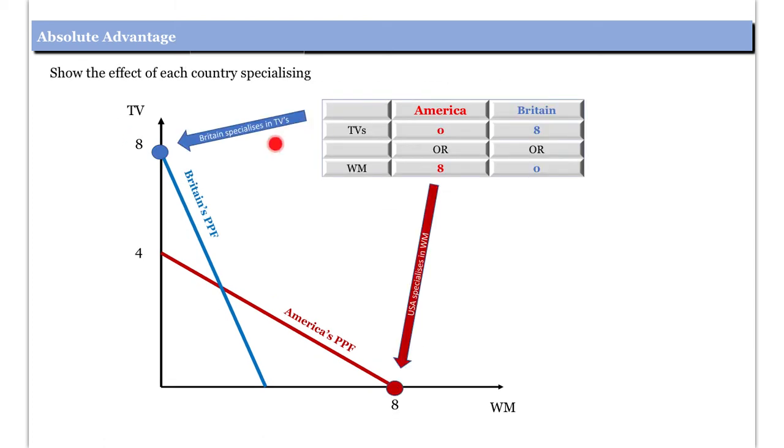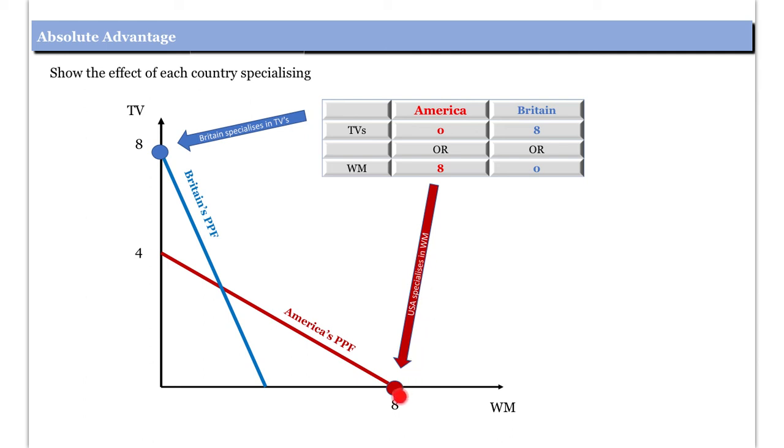Now all you've got to do is consider what would happen if they specialize. And so each country is going to specialize in the good at which it is most efficient, i.e. which it can produce more of. So Britain would be producing televisions. Just look at this blue line here. Britain is better at producing televisions, more efficient. In other words, it can produce 8 with all of its factors. America could only produce 4. So Britain would specialize in televisions.